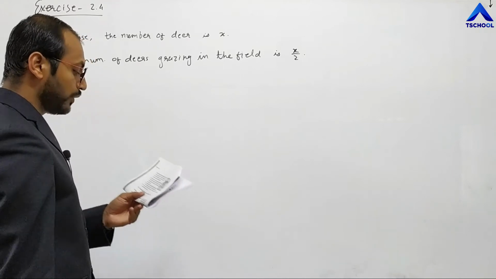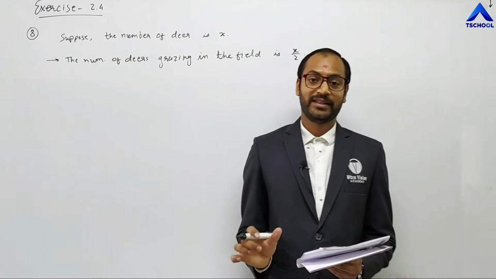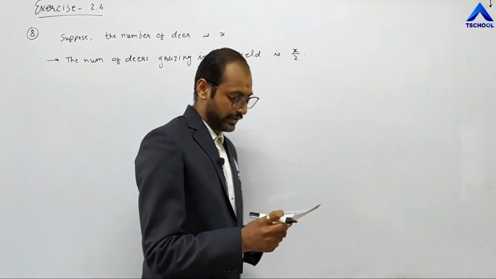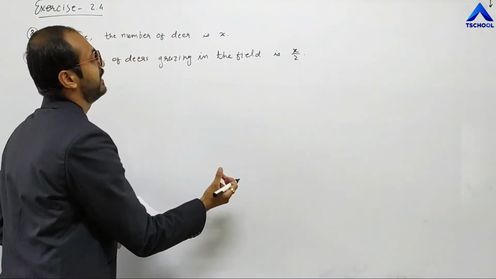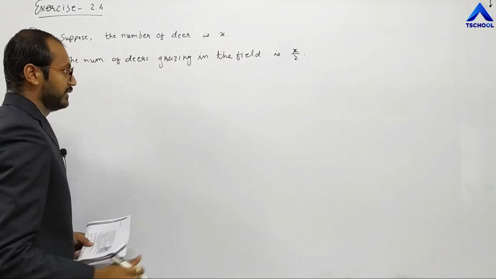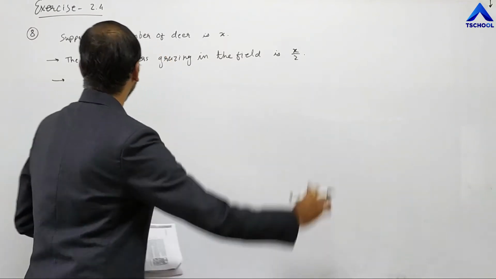And 3/4 of the remaining are playing nearby. See this thing. That means the remaining are x by 2. Now what is the number of deer playing nearby?